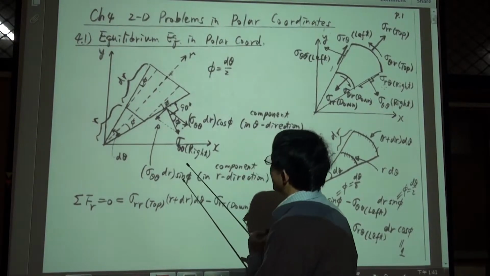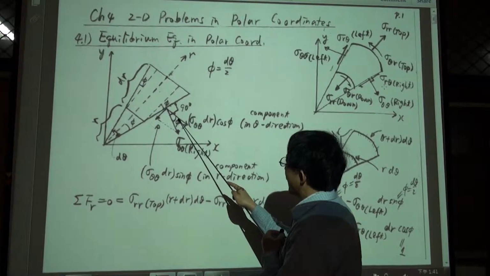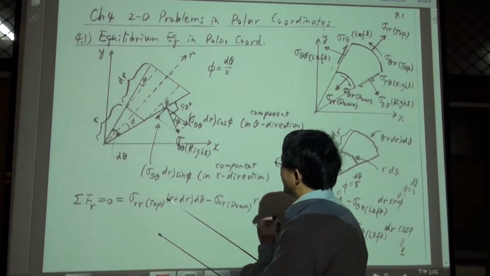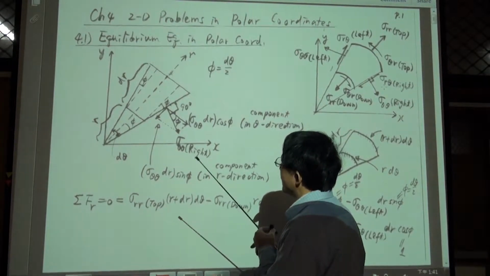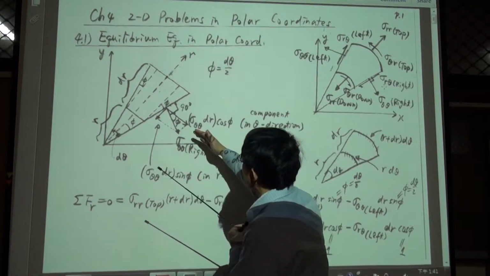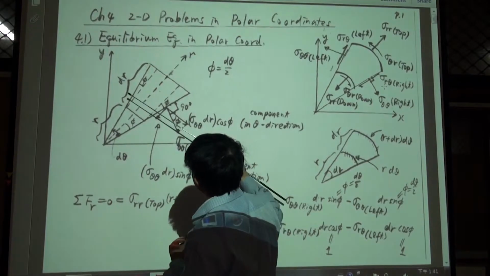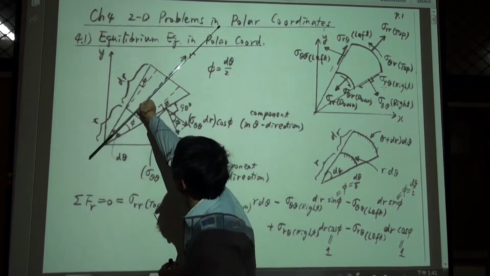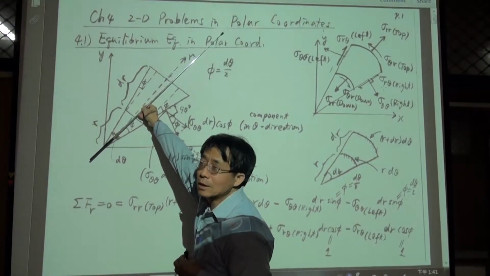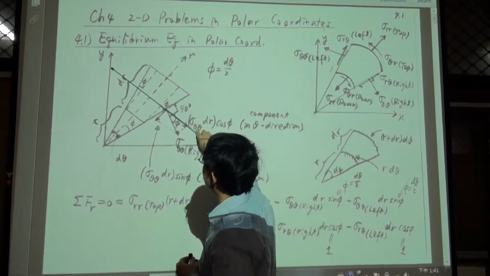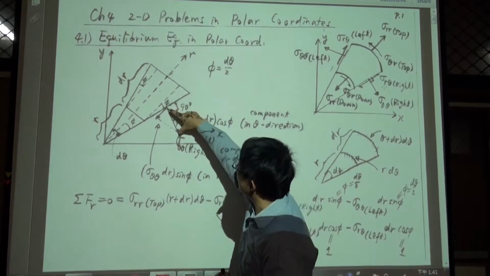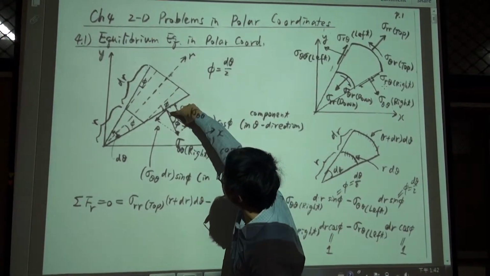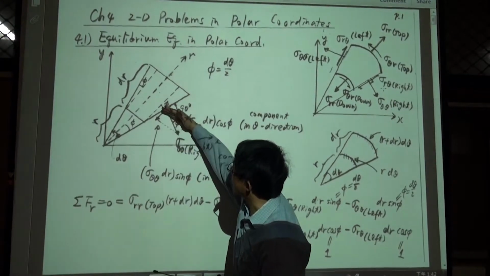Okay, so now according to this little rectangle, we can find out the components in the theta direction. This is the theta direction, this one. Why? Because this direction is perpendicular to this r direction, right? So we want to compute the component of this vector in here. So we project this vector in this direction.